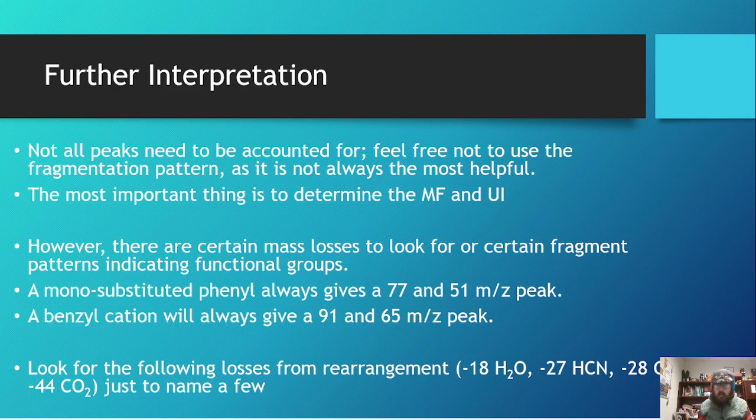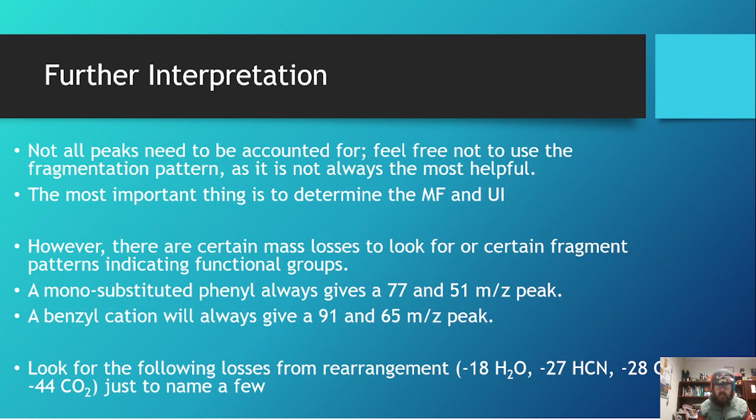It will always give a 77 and a 51 peak. As long as you have a benzene attached to something else, you should get a 77 and a 51 peak. All benzenes will lose this fragment and make these 2 peaks.